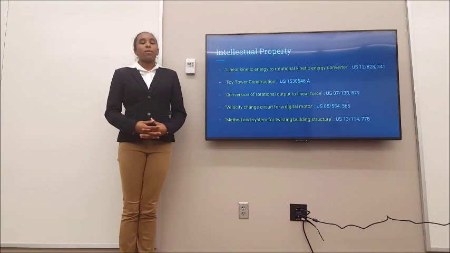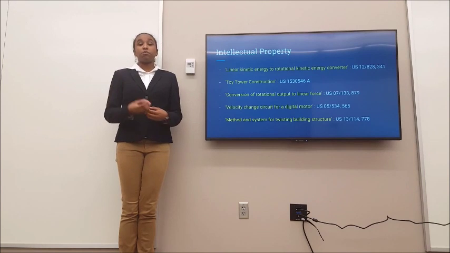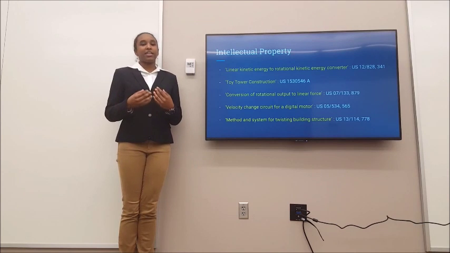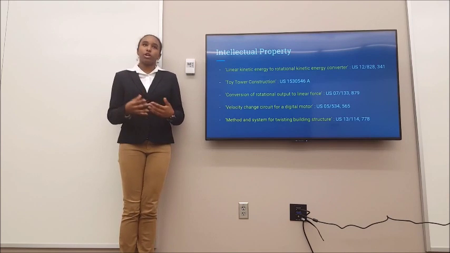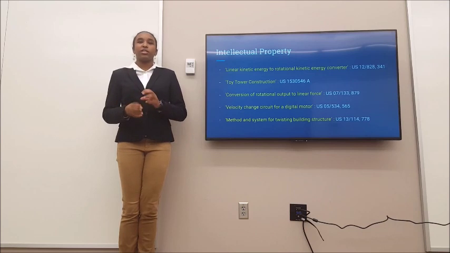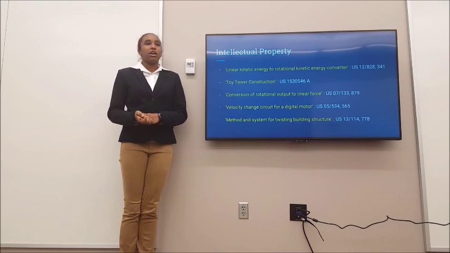For intellectual property, we have a couple of patents to explain from which we have stemmed some of our design ideas. The first patent is the toy tower construction, which was signed on March 24th, 1925. The toy tower is used in connection with electrical power systems and lighting systems, so that's basically the main idea of the patent.